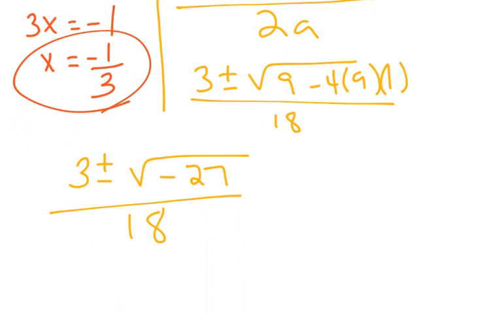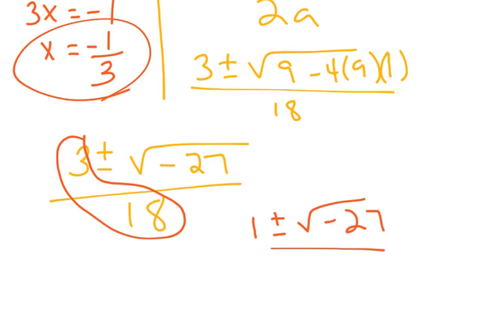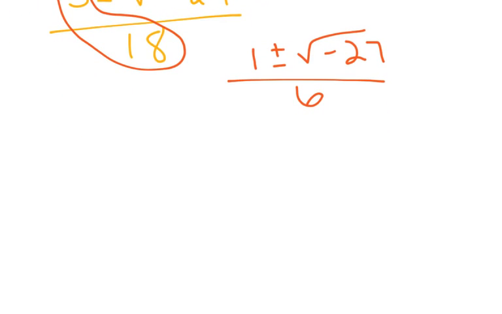Guess what? This can reduce first. 3/18 can just be 1 plus or minus the square root of negative 27 all over 6, right? 3 divided by 3 is 1. 18 divided by 3 is 6. Moving on. Here's my negative. I want to take that out of the radical.